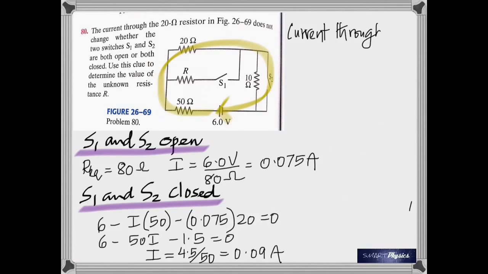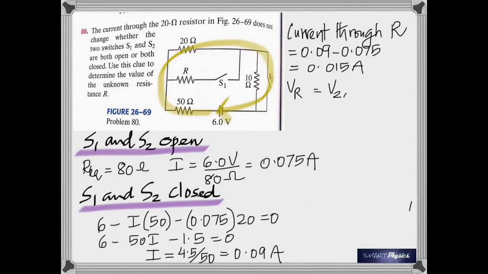Therefore, we can find the current through the resistance, because we know that the current has to divide the total current. 0.09 minus 0.075, which is 0.015 ampere, is the current through R. And because 20 ohms and R are in parallel, we know the voltage across both of them should be equal.